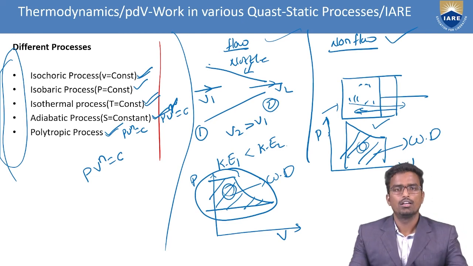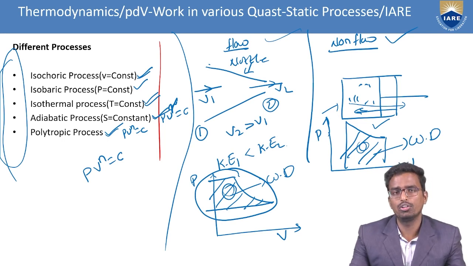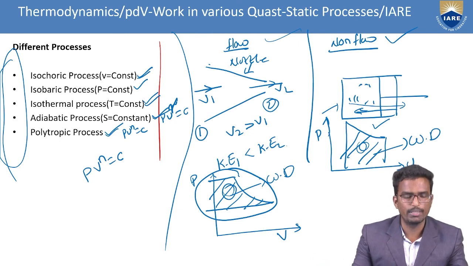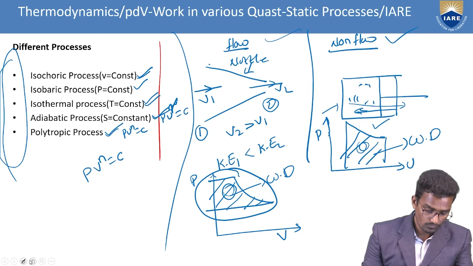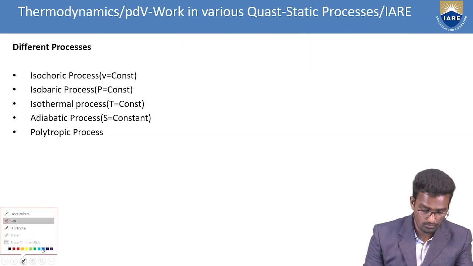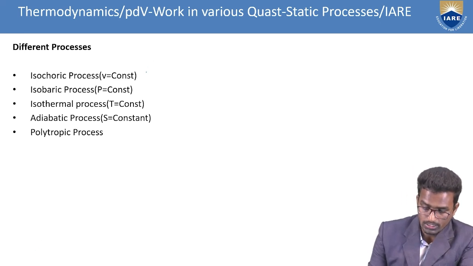The individual isobaric, isochoric and isothermal processes we'll discuss in the coming videos, and we'll evaluate the work for each. But by that time, please remember: an isochoric process means the process happens at constant volume.